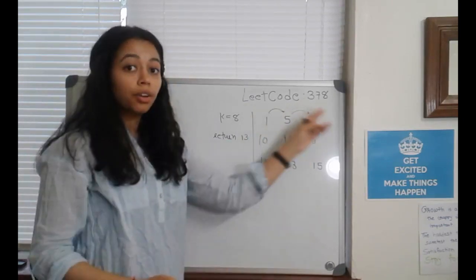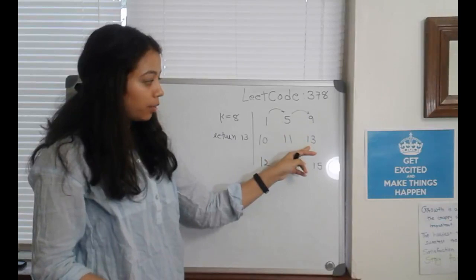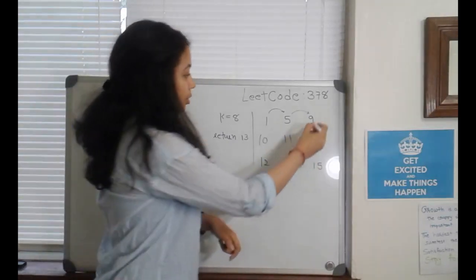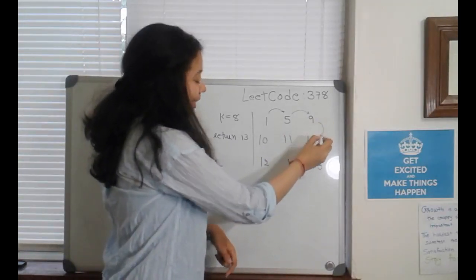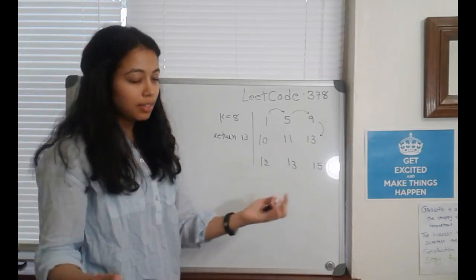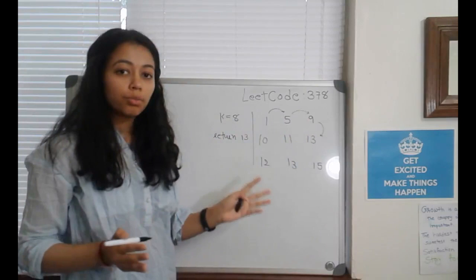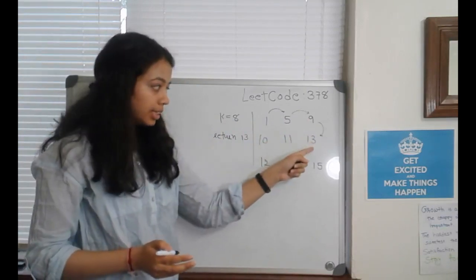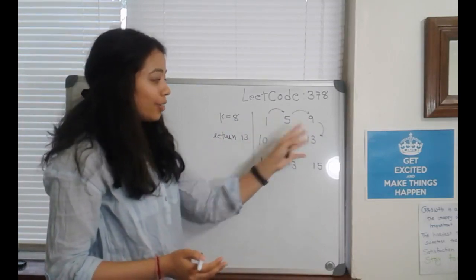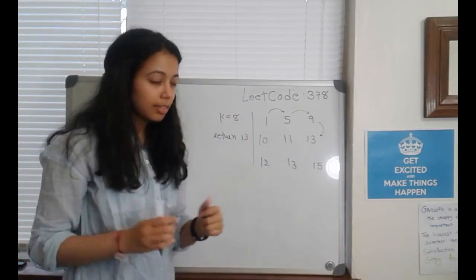At 9, since you can't go right anymore, you look at the down value and that's 13. That's what's wrong with this method, because after 1, 5, 9, the fourth smallest value should have been 10 and not 13.